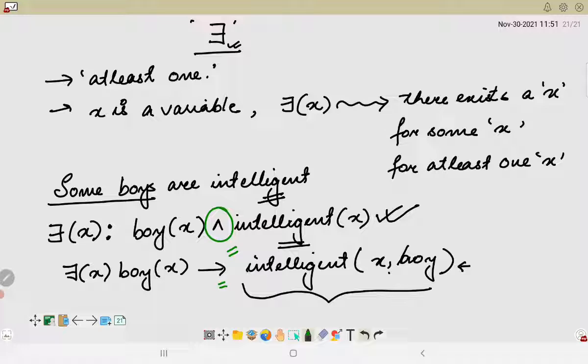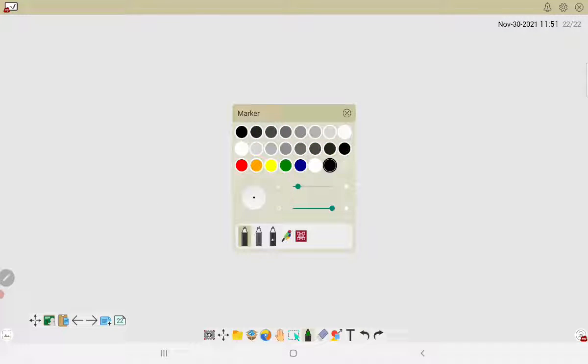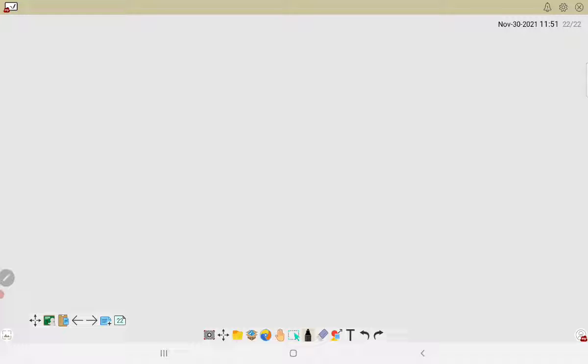Now, talking about some of the properties of the quantifiers. In universal quantifiers, the first point we have to remember is that for all x and for all y is similar to for all y and for all x. We can reverse the statements, no problem.